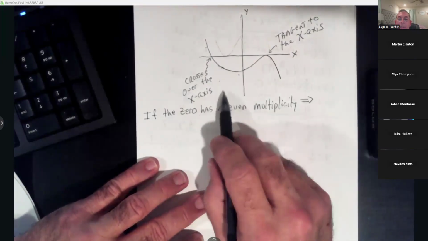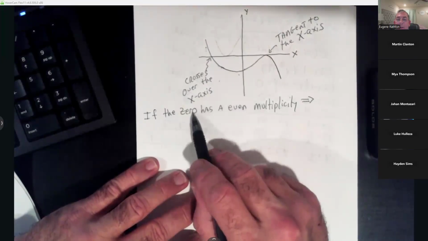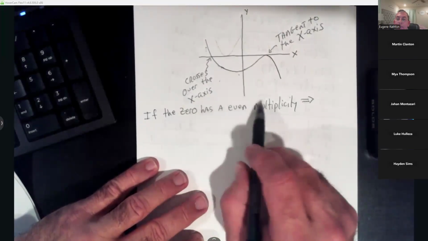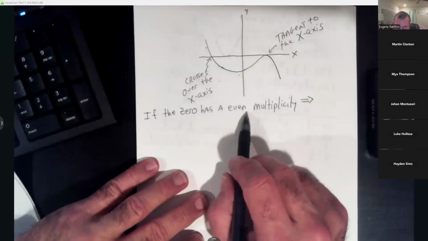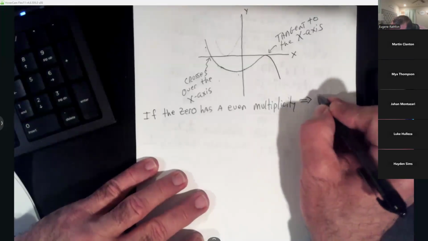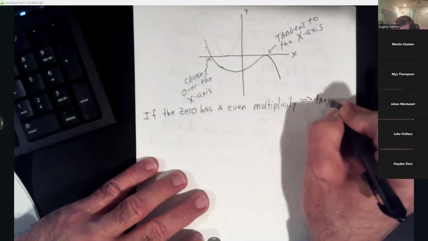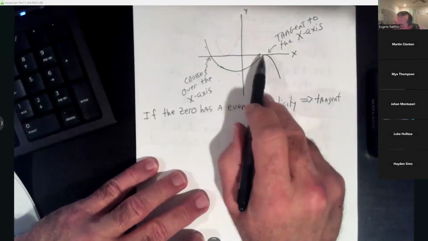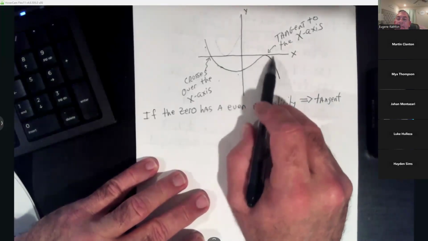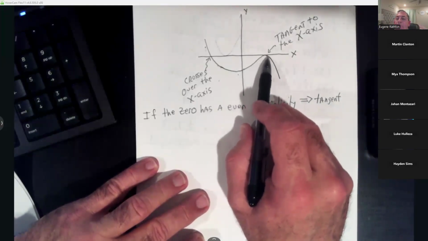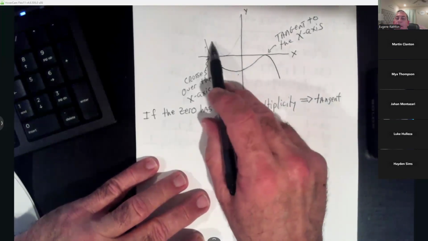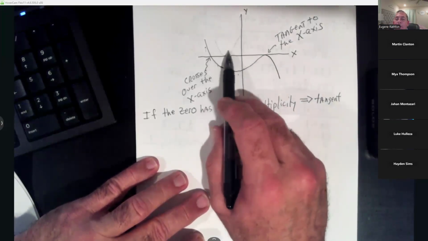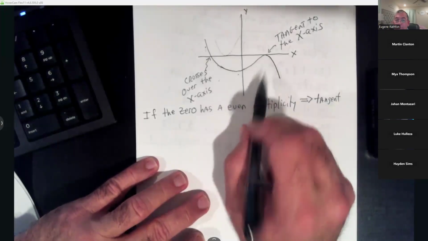So if the exponent outside that parentheses that you found that zero is even, then the graph is tangent. So it'll be tangent at the x-axis. It'll come up, almost touch it, and then it turns. And y'all, like I said, that could be either above it or under it, okay?